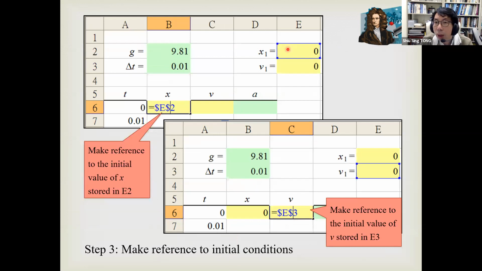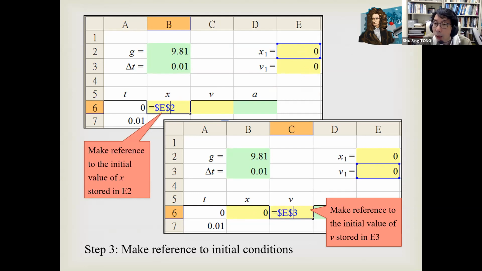Now, I write the initial position and initial velocity here. This is of course the initial position, and this is also the initial velocity, because they refer to time 0. So I just copy from this cell. I write $E$2 for the initial position, and I write $E$3 for the initial velocity.